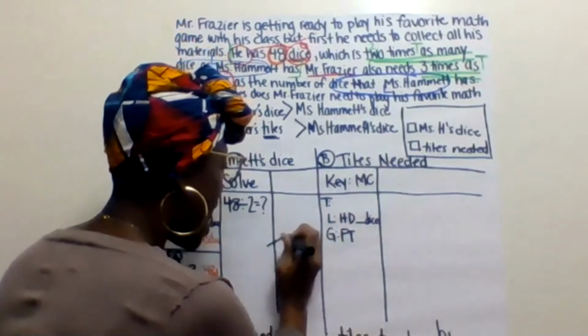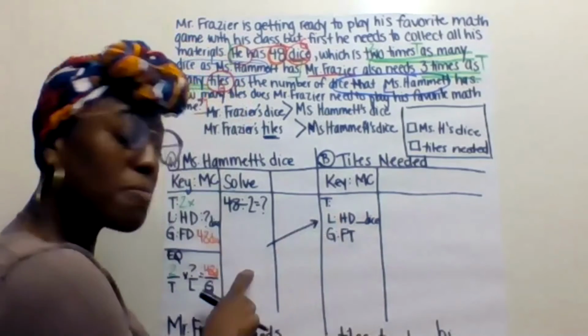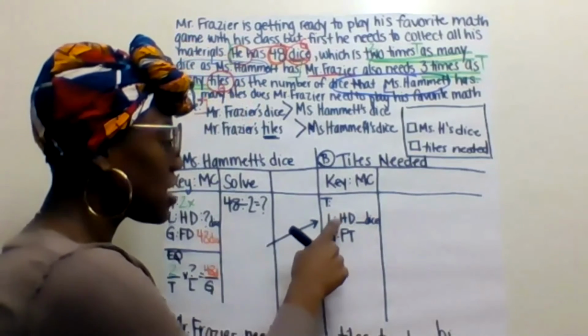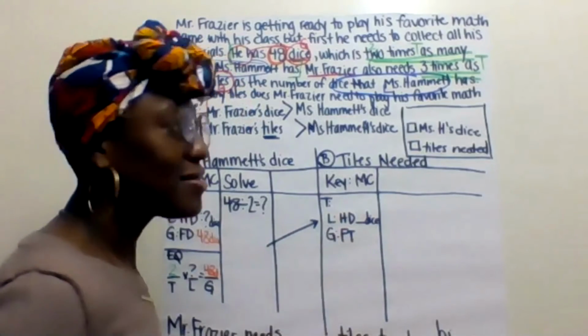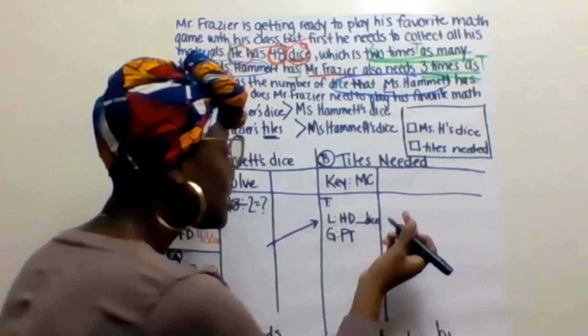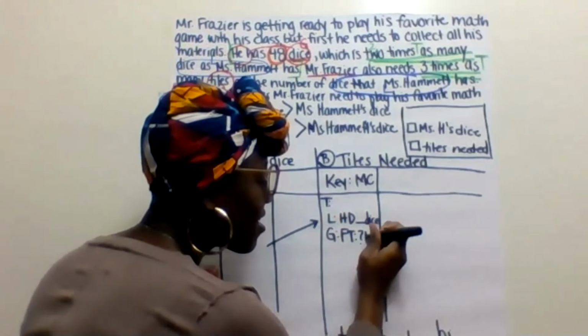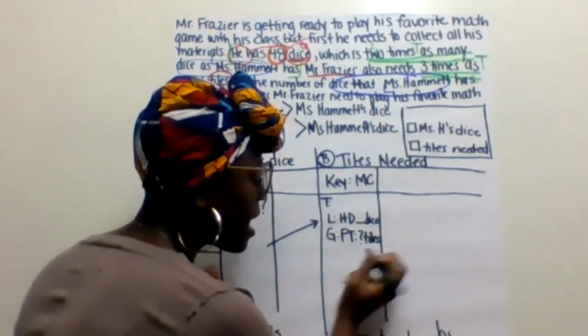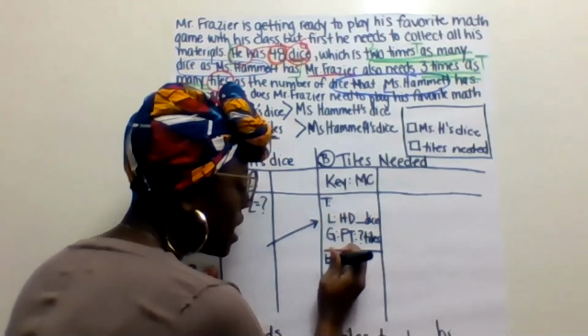And I'm just going to draw an arrow to show me that whatever my answer is from here, I'm using it right there. And then the tiles, Mr. Fraser, we don't know how many tiles you need yet. So we're going to write question mark tiles. We're still trying to figure that out. Let's write our equation.